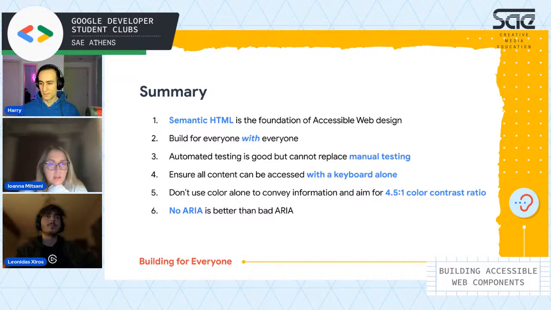Till then, let's say that we are a Google Developer Student Club, so most of us are new designers and developers. What would you suggest to us about accessibility?